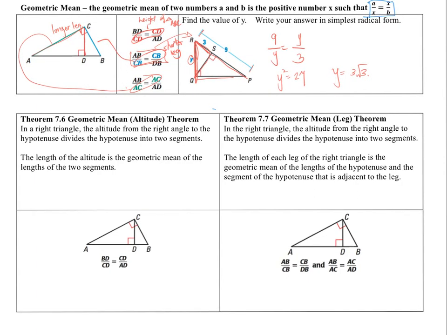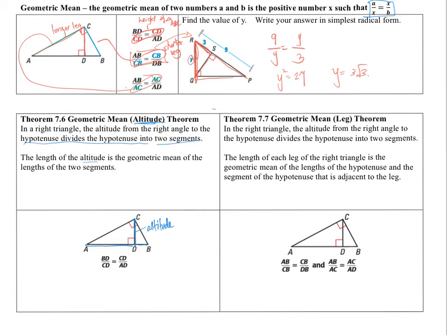So now we can generalize two theorems. 7.6, the geometric mean altitude theorem. So in a right triangle, the altitude from the right angle to the hypotenuse divides the hypotenuse into two segments. So again, this is what it means. This altitude here divides the hypotenuse into AD and BD, two segments.